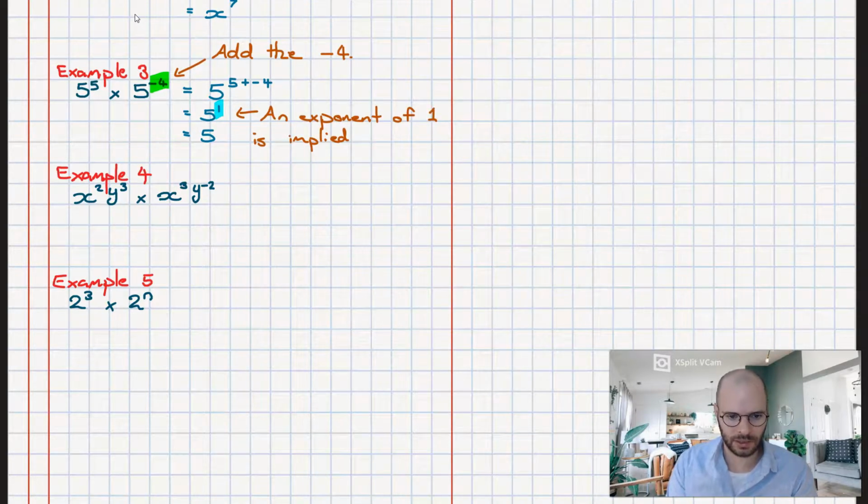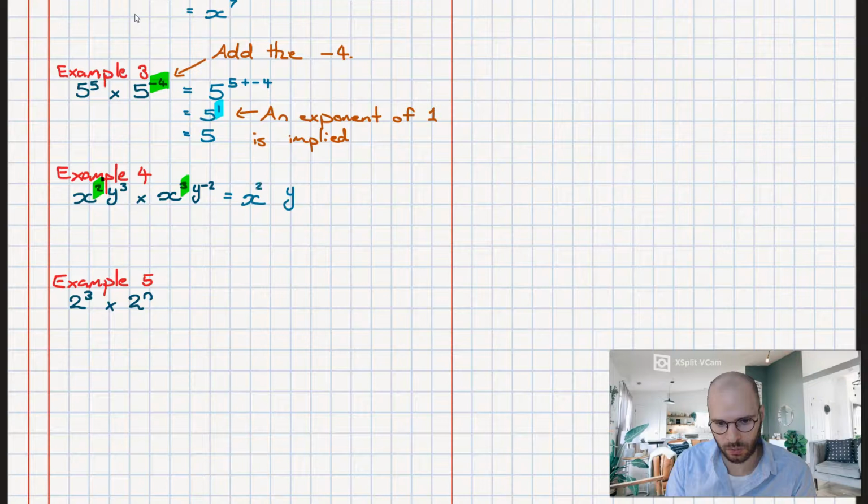Okay, now example 4, we have x squared times y cubed times x cubed times y to the negative 2. What we're dealing with here is an example where we have different bases multiplied together. So we've got x's and we've got y's. What we're going to do is get the exponents for the x's, so 2 and 3, and put those above the x.